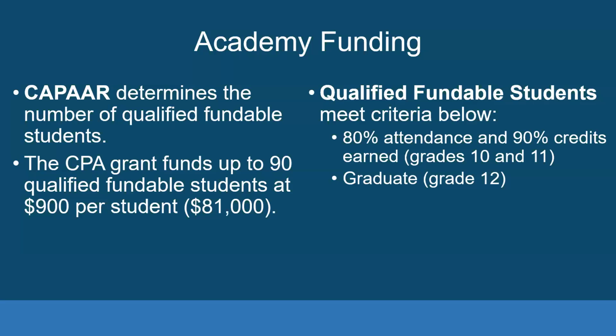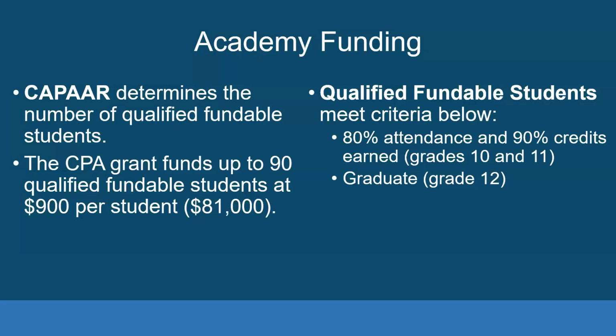When we look forward to the next grant cycle, the number of fundable students for the upcoming grant cycle will be based off of the students this year that hit those marks: 80% attendance and 90% credits in 10th and 11th grade. We'll also look at the number of 12th grade students that graduated. That number will determine your funding. If you're a fully funded academy, you're receiving $81,000.